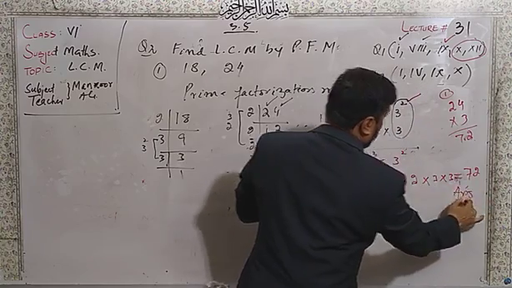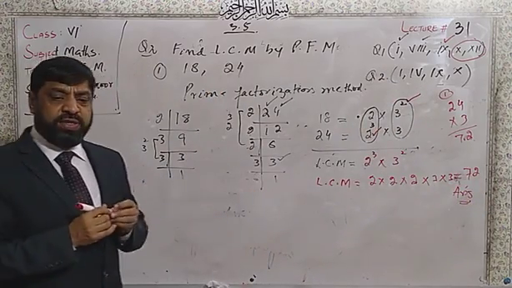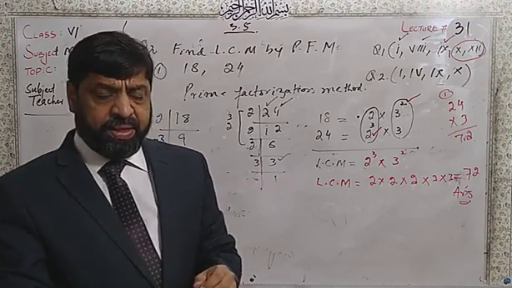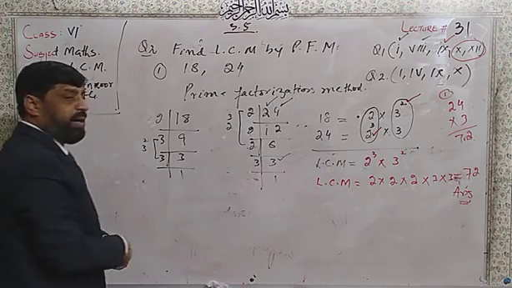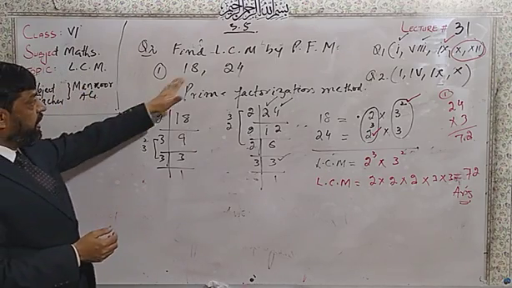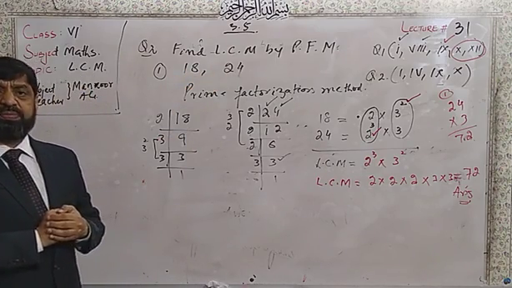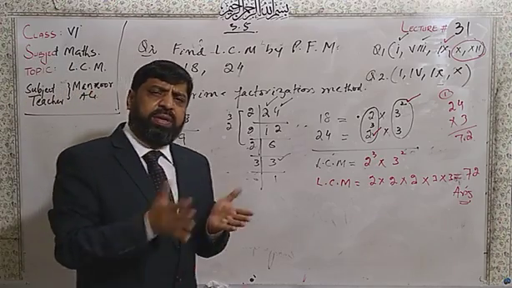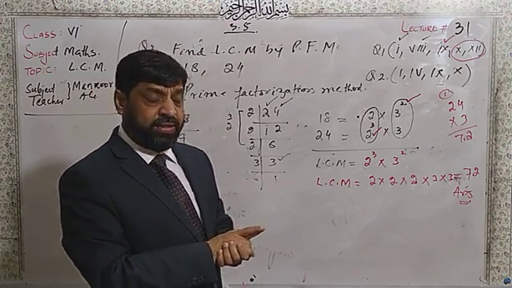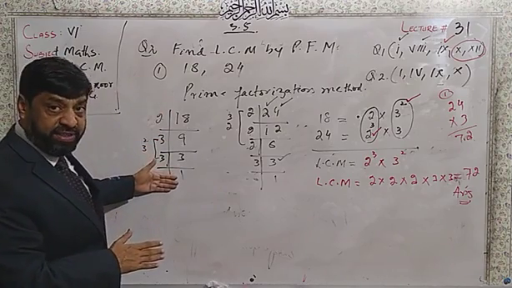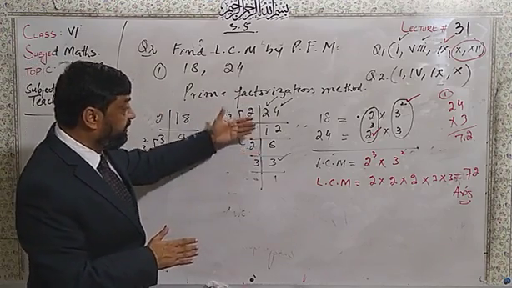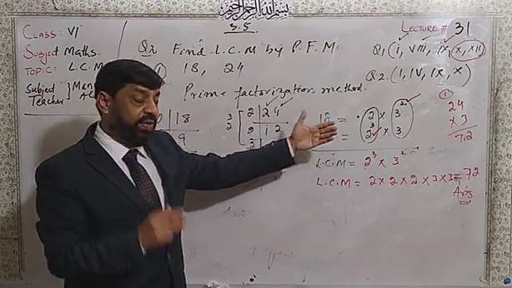This is the answer. Dear students, in the same way, find the LCM by the prime factorization method, 18 and 24. Similarly, if we are given 3 numbers, the same procedure we will apply. Just find the prime factorizations, first, second and third if there are 3 values.